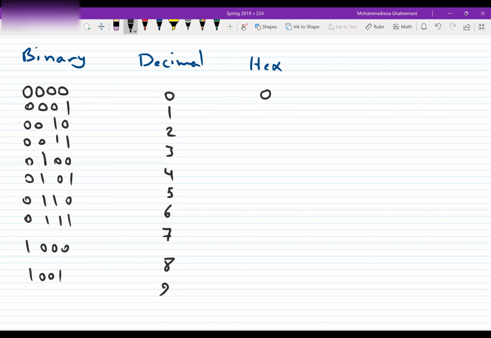In hexadecimal, up to 9 is the same as decimal.